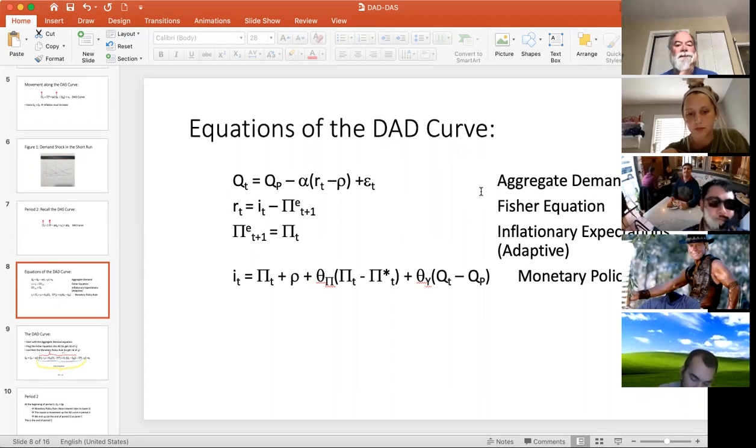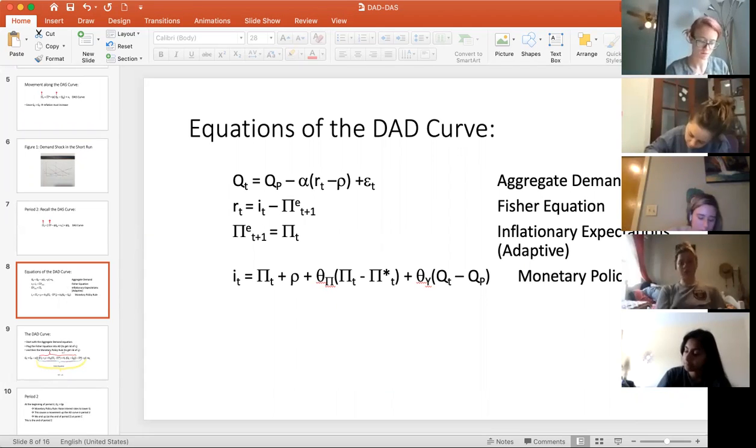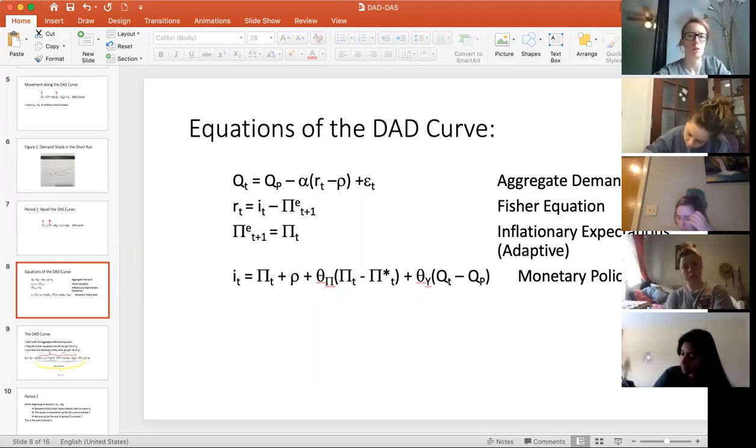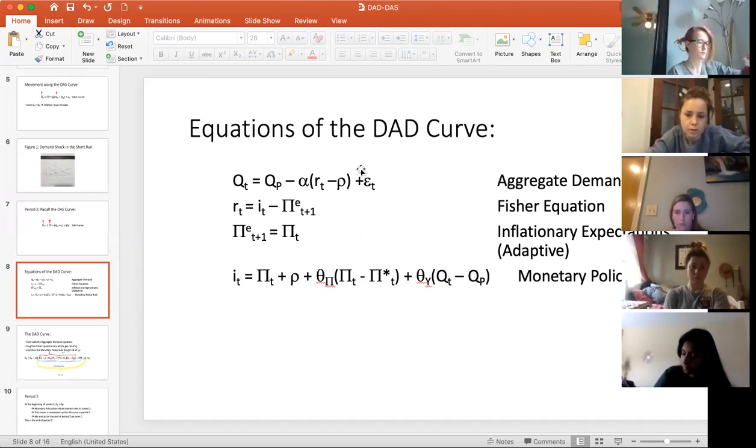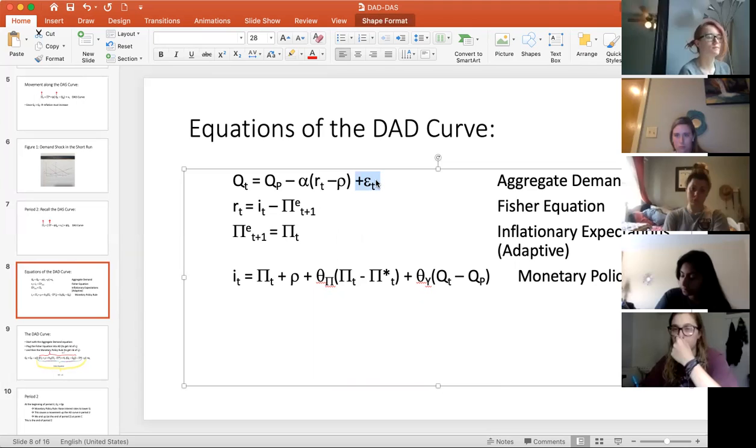According to this, if there is no demand shock, what would cause GDP to diverge from its potential? Aspen, how about you? What would cause GDP, according to this equation, to diverge from potential? If the rate changed.